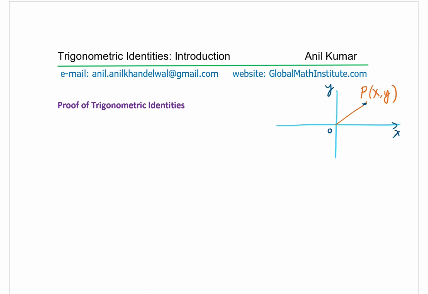In that case, if I drop a perpendicular, and let's say this angle is theta for us, and let's say this is r, the distance from O to P, where r will be equal to square root of x squared plus y squared, correct? So r is going to be positive, and its value will be the square root of x squared plus y squared.